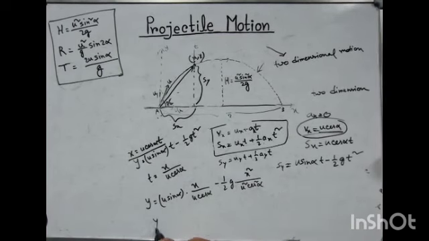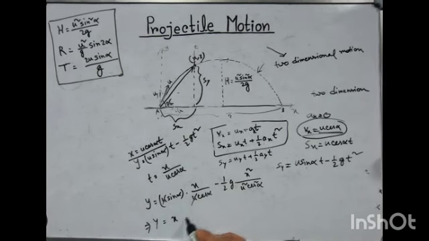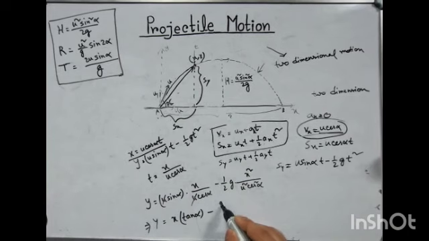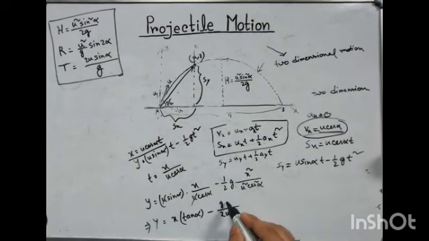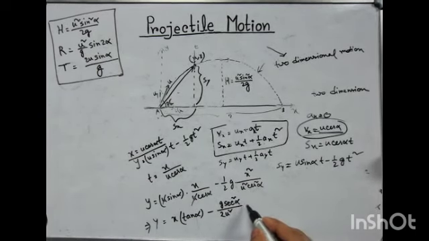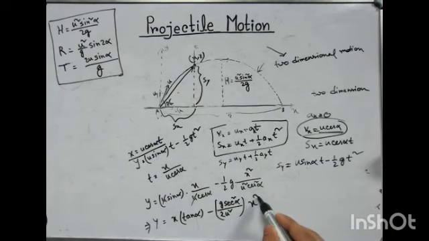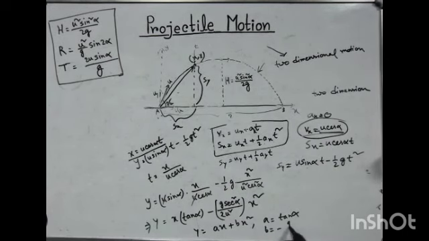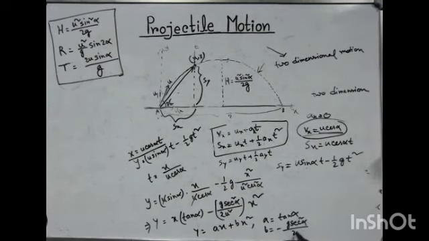That means y will be, u will cancel out, x sin alpha by cos alpha equal to x tan alpha, minus g by 2u square cos square alpha into x square. So this is similar to y equal to ax plus bx square, where a is equal to tan alpha and b is equal to minus g sec square alpha by 2u square.